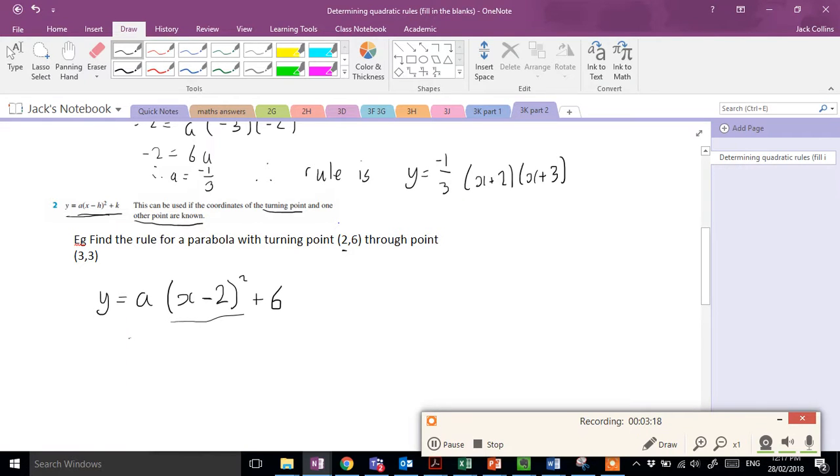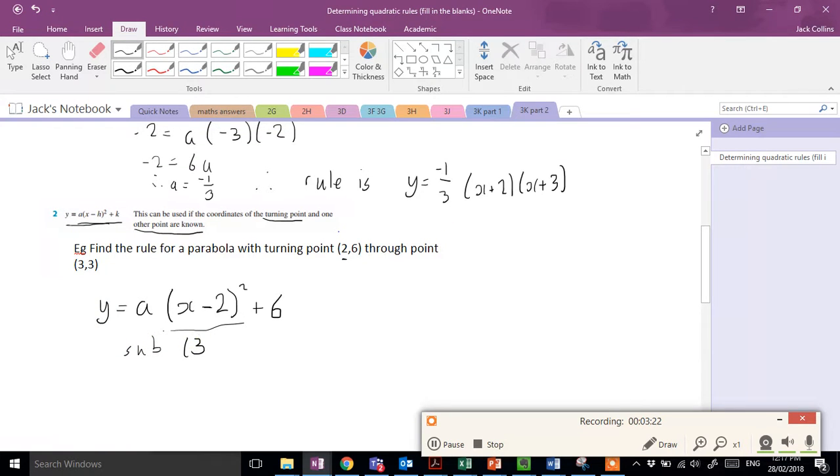Okay, and then just sub in. So we still need to find what a is. So sub in (3, 3). So when y is equal to 3, this equation is 3 equals a outside of (3 minus 2) all squared plus 6. So 3 is equal to, 3 minus 2 is 1, so a plus 6, a is equal to -3.